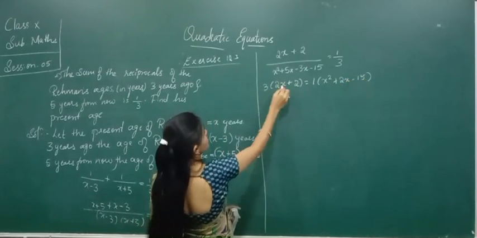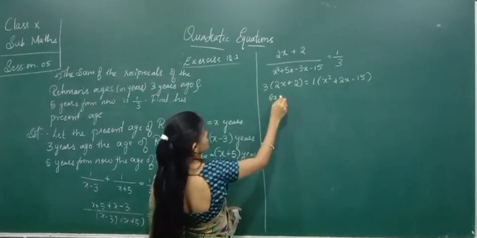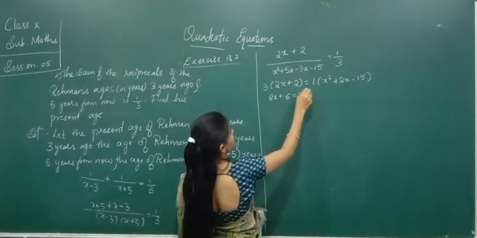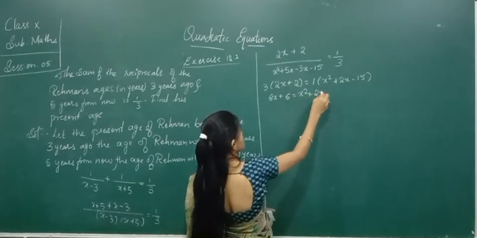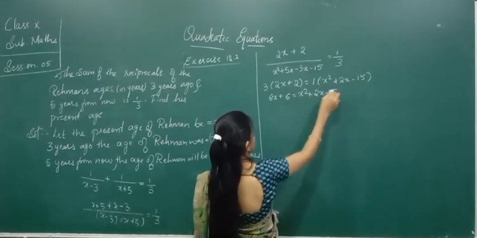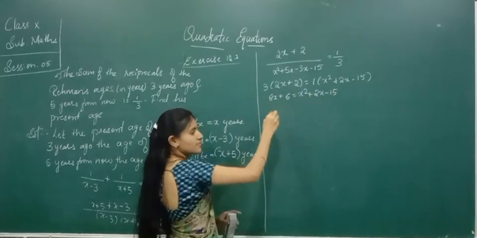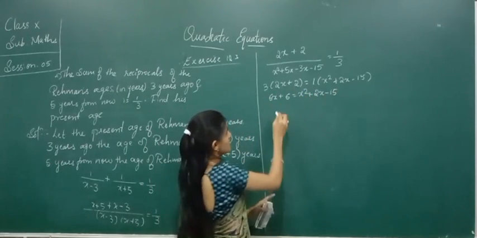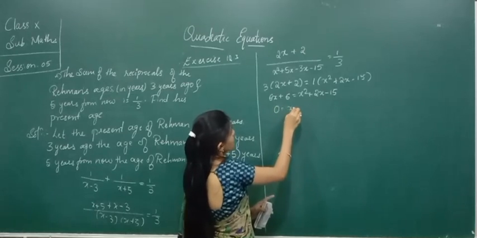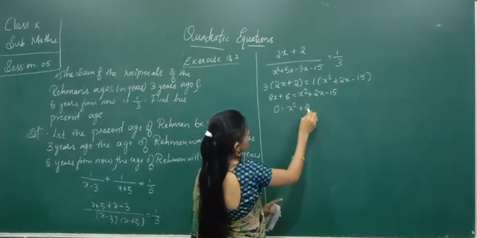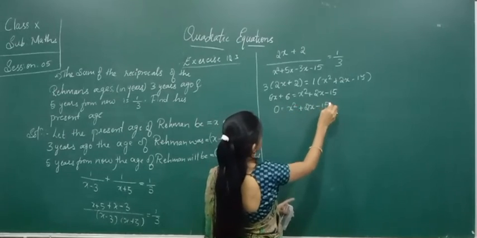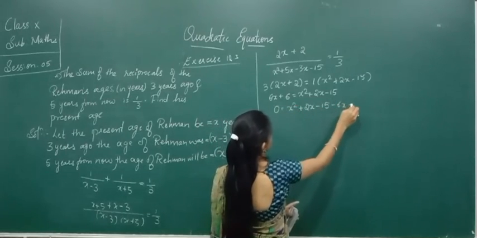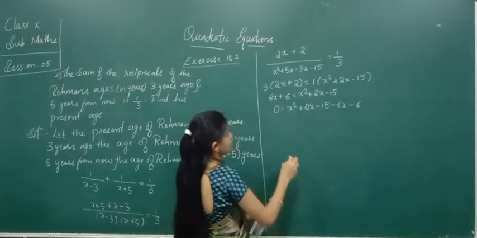Now 3 2s are 6x plus 6 is equal to x square plus 2x minus 15. Shift all the left hand side terms to the right hand side.